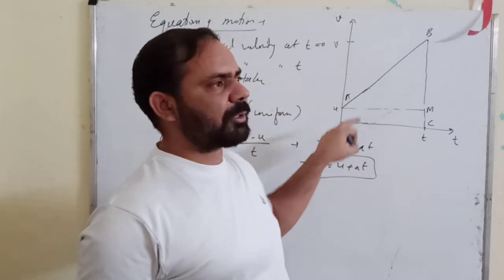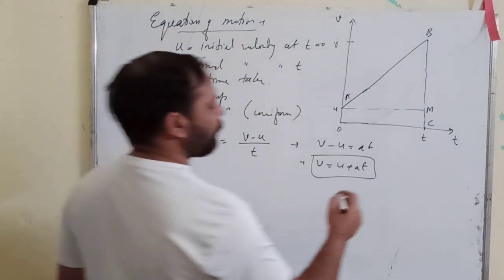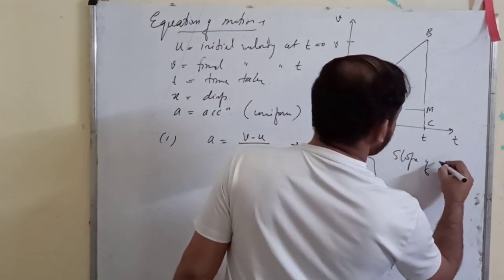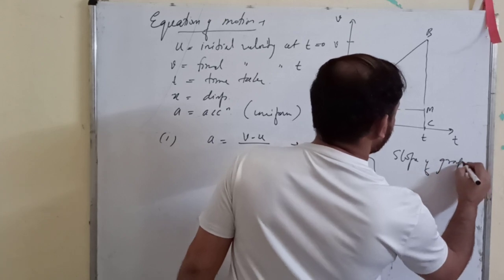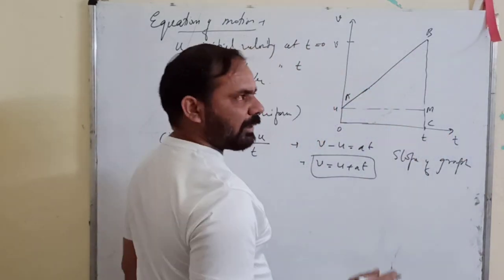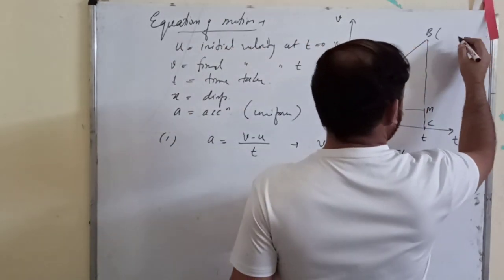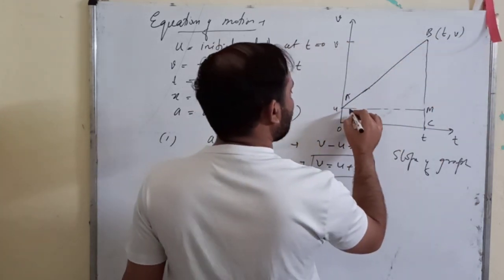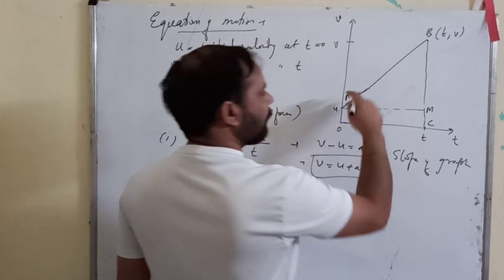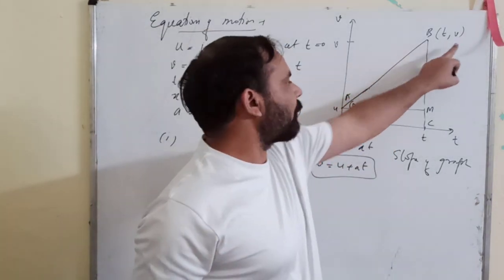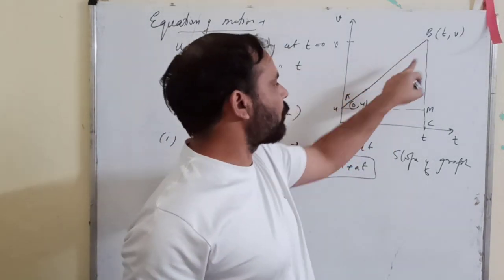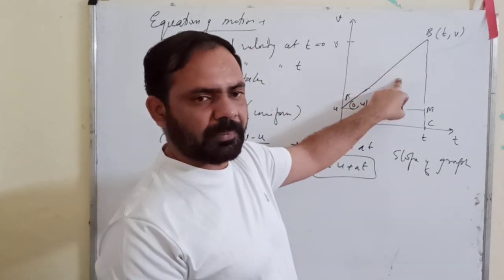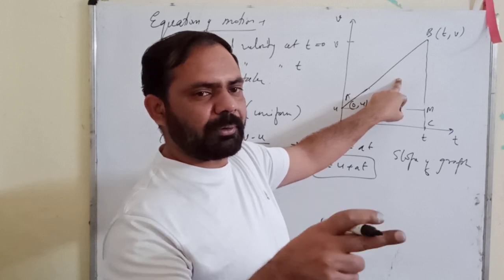So change in velocity, or simply you can say the slope of the graph. You have to find the slope of the graph. What are the values here? The values are t comma v. What are the values here? 0 comma u. So how much is the slope? y2 minus y1 upon x2 minus x1, and the slope will give you the acceleration.